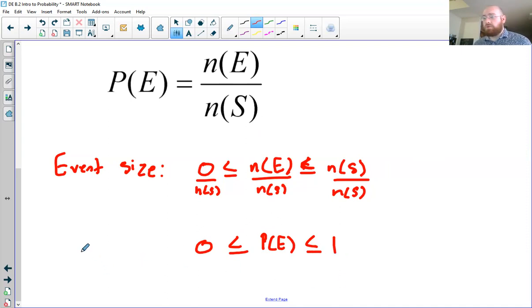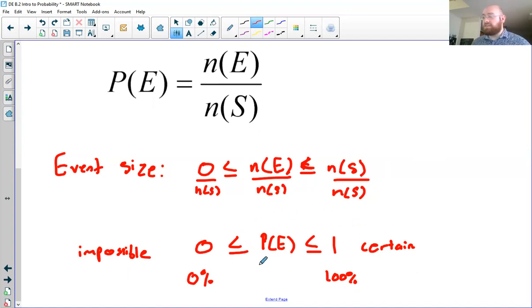And so 0 means the probability the event is impossible. It's never going to happen. Probability of 1 is absolutely certain it will definitely happen. You can also express these as percents. So 0% to 100%. So that's why in the examples we just did a moment ago, all of our probabilities were between 0 and 1 or 0 and 100%.